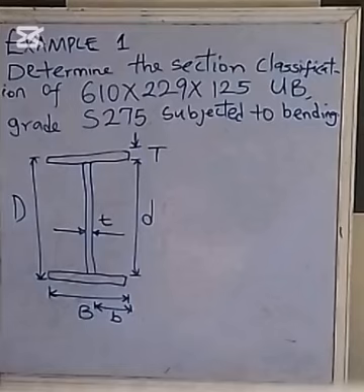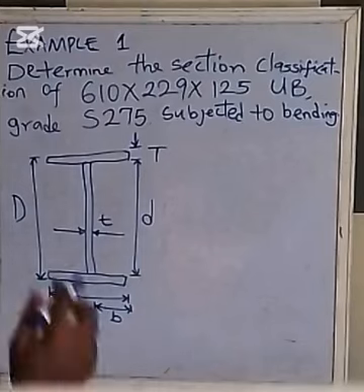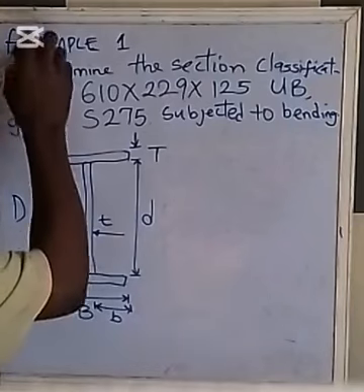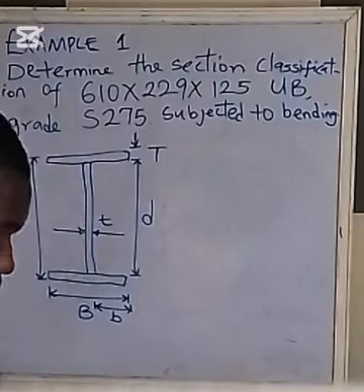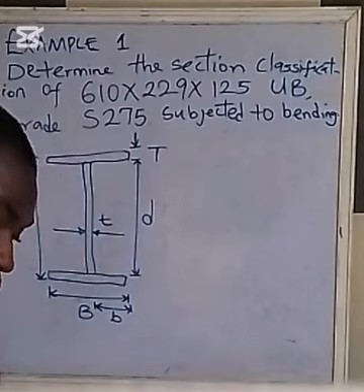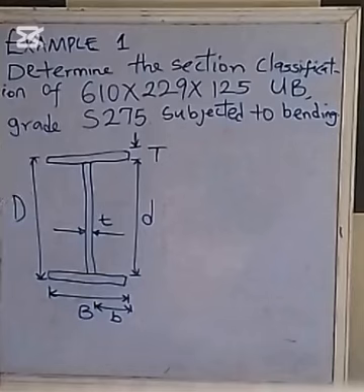So the first thing to do anytime you see a question like this is for you to list out the section properties of the section. So that's what we are going to do now. And the section properties, we are going to be getting from the steel table.